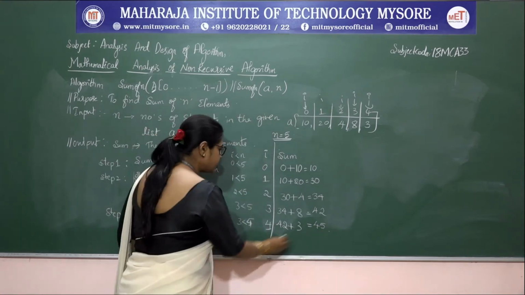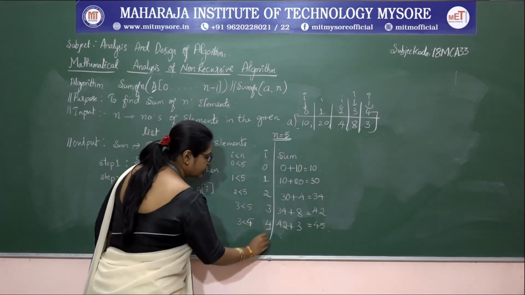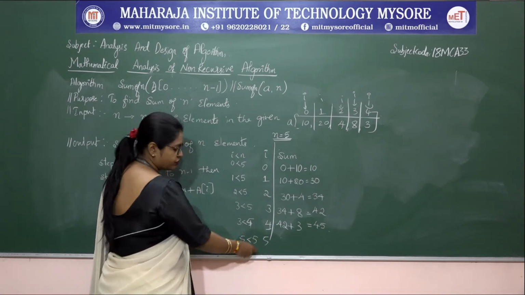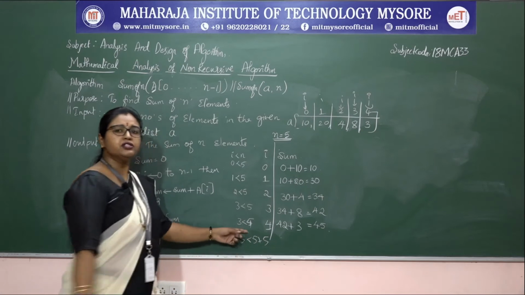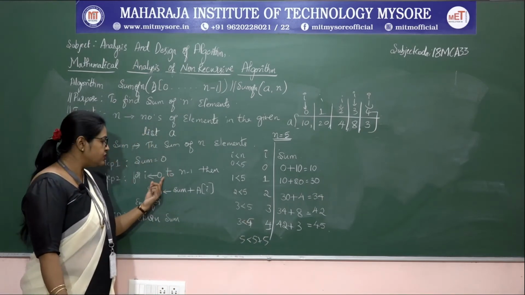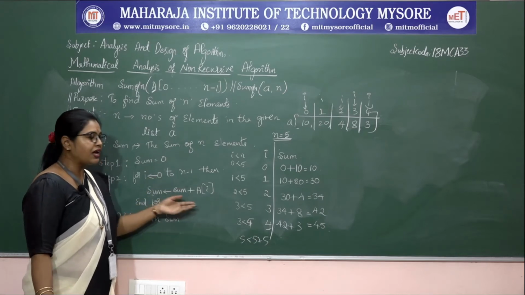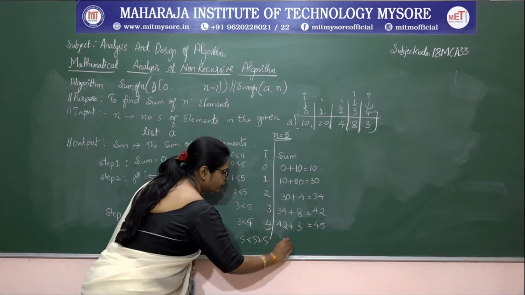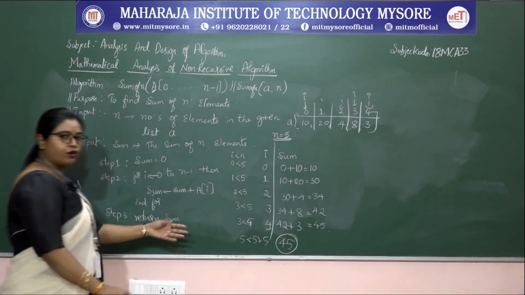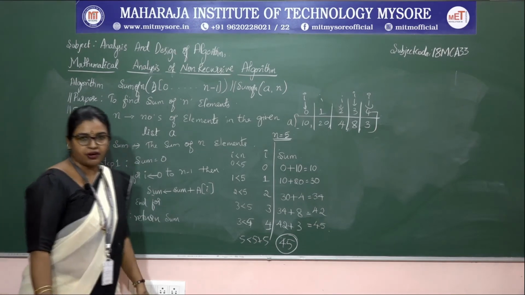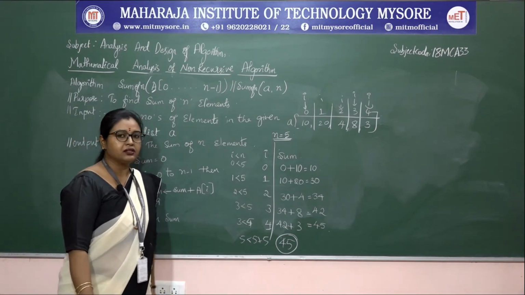Then i gets incremented to 5, and 5 less than 5 is false. So it will come out of the for loop. The value stored in sum is 45, and this value will be returned to the called function. This is how we can calculate the sum.